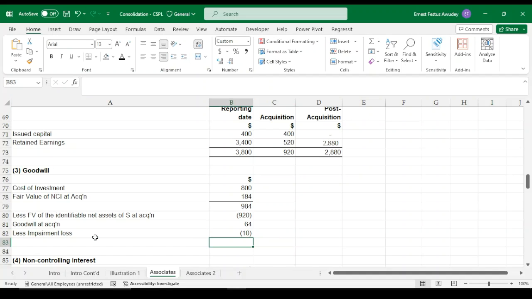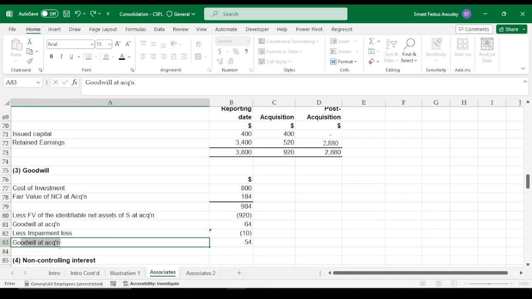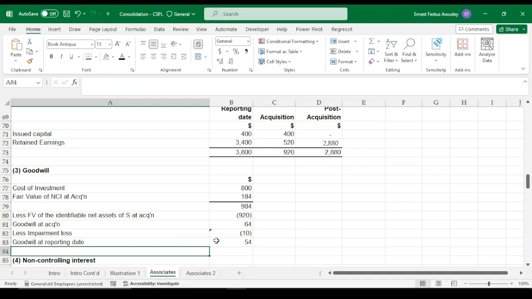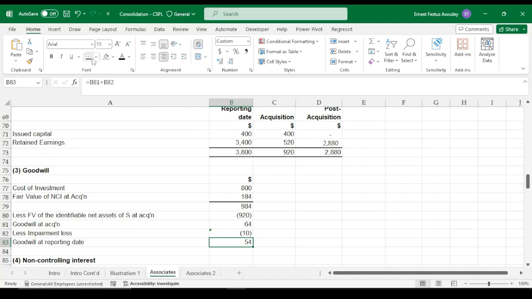So when I add the goodwill at acquisition to the impairment loss, that will give me my goodwill at reporting date. All right, so that is what we've got there. Let me set my borders.